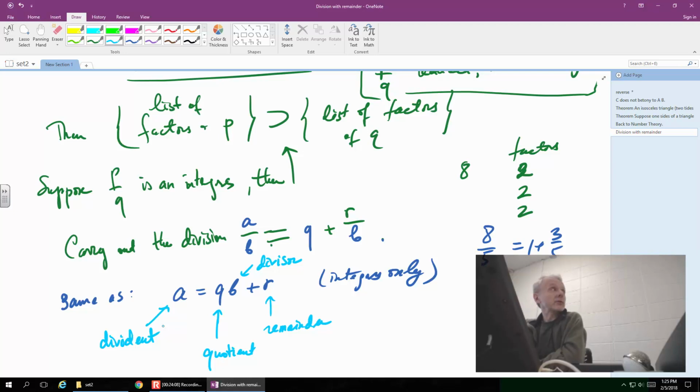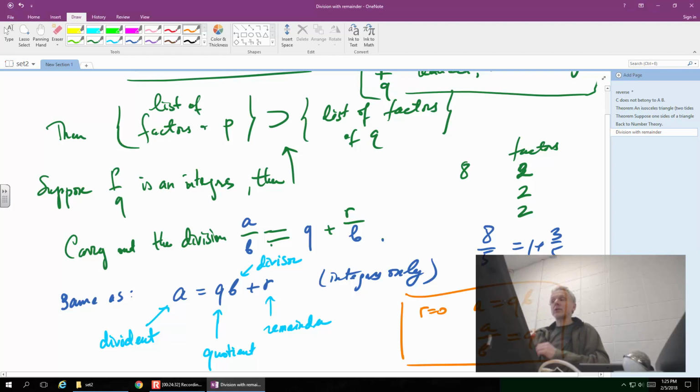If there is no R, then we just reduce our fraction A over B into one integer, Q, which is the quotient. So if R is equal to 0, A is equal to QB, or A over B is equal to Q.